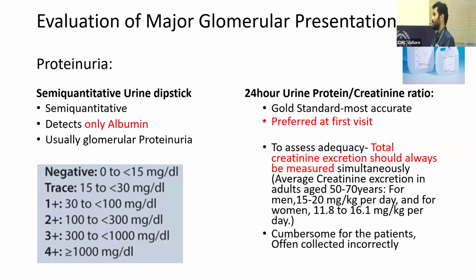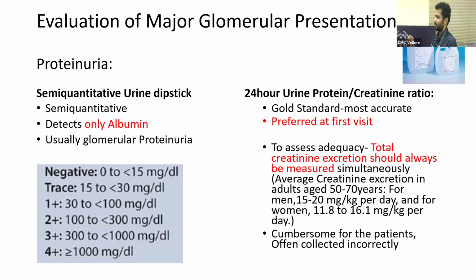Sometimes if you advise the patient to collect 24-hour urine, the patient may drink lots of water, 3, 5, even 6 liters, and collect that. Then the urine protein will look like more than 4 or 5 grams, but if you compare with the creatinine ratio, sometimes it may not be nephrotic at all. Urine protein excretion also varies with the patient's weight, so that's why we use the urine creatinine ratio.